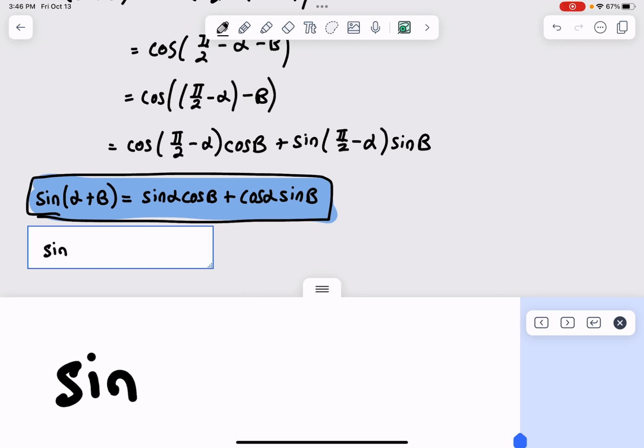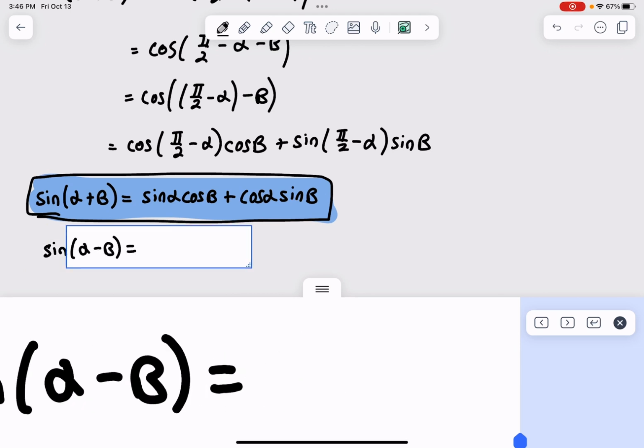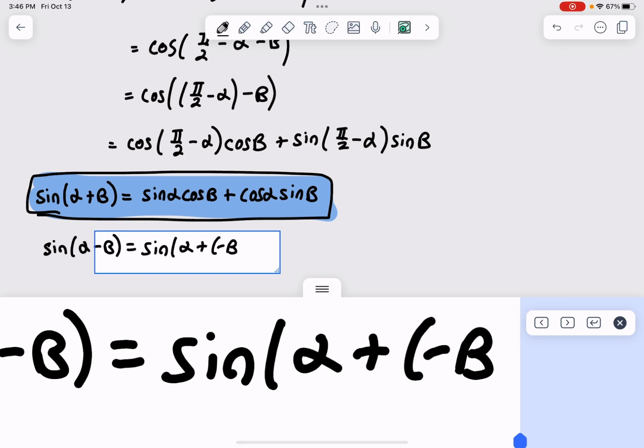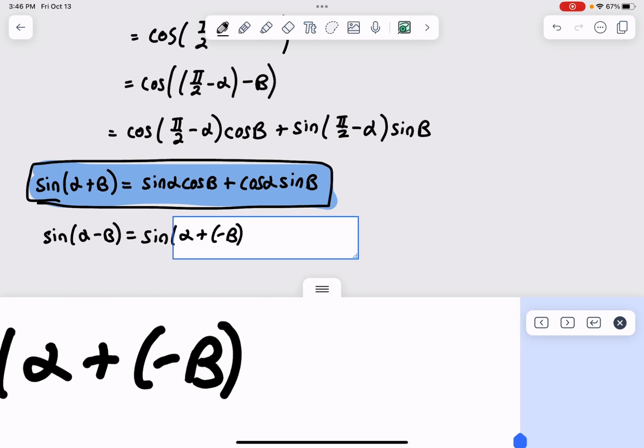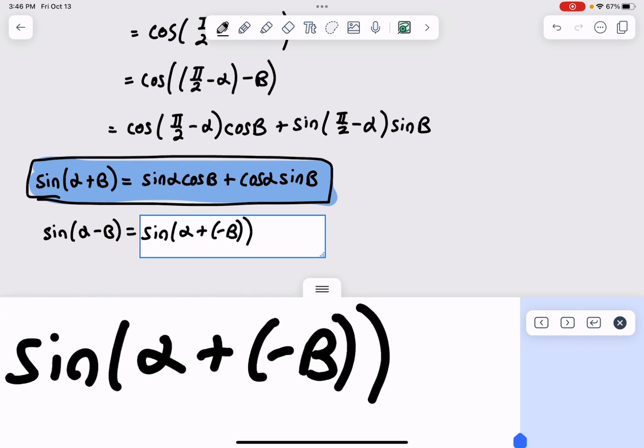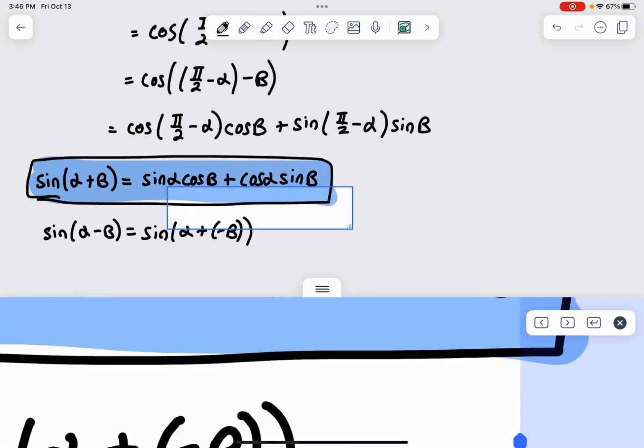So sine of alpha minus beta can be written as sine of alpha plus a negative beta. All right, that's another way to write minus. And then that's just sine of a sum, and we can just use the formula up above.